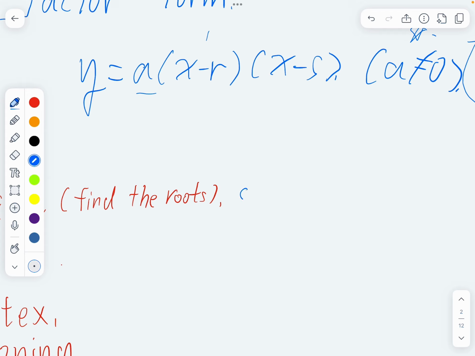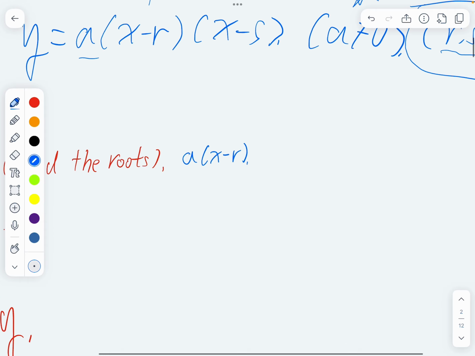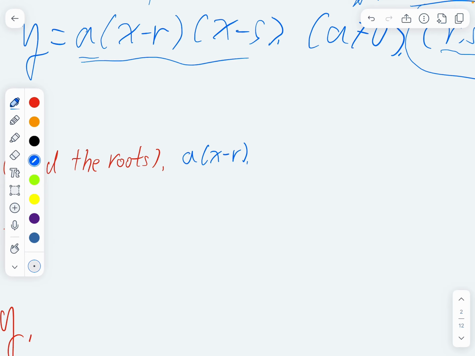With the x-intercepts, that means y equals 0, so we just need to make sure the formula equals 0. Now we can find the two factors: x minus r equals 0 or x minus s equals 0.